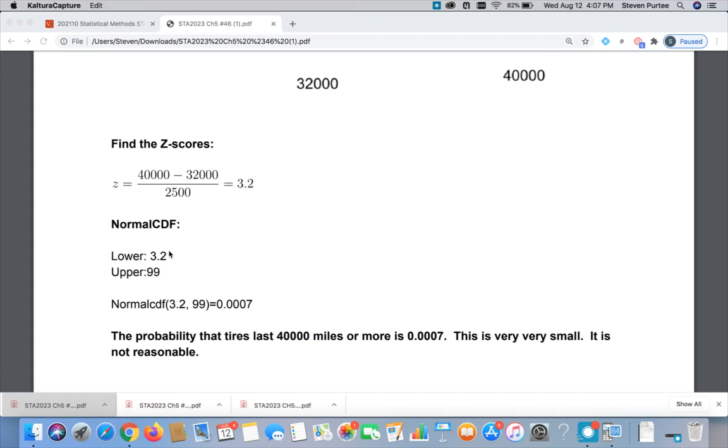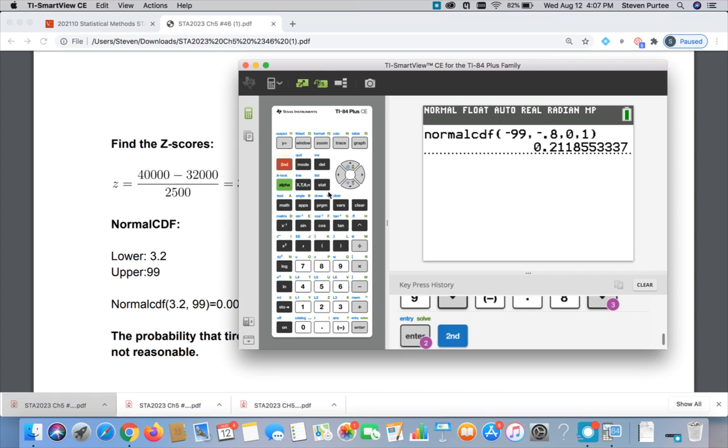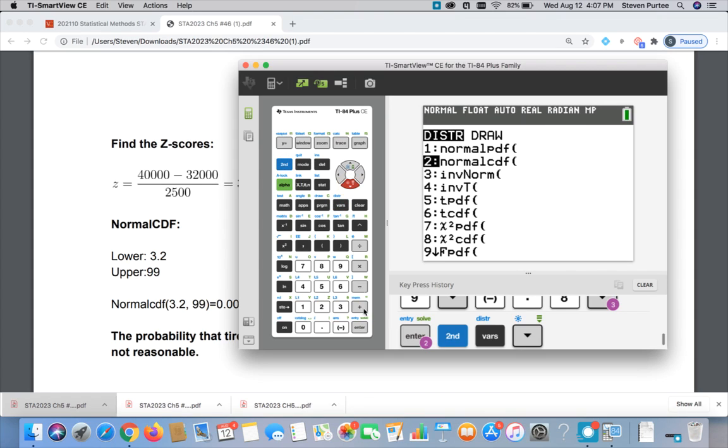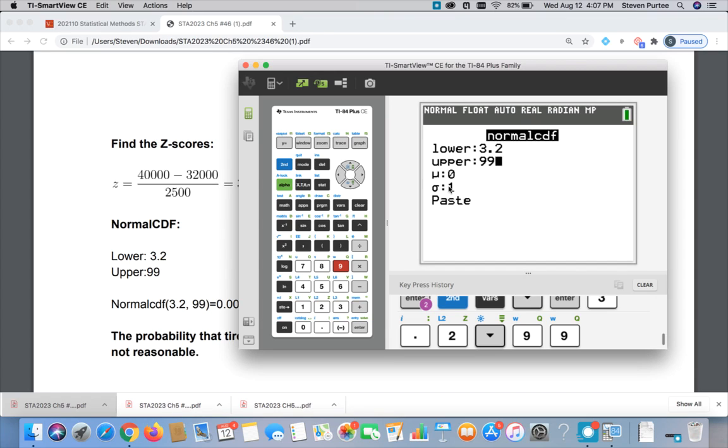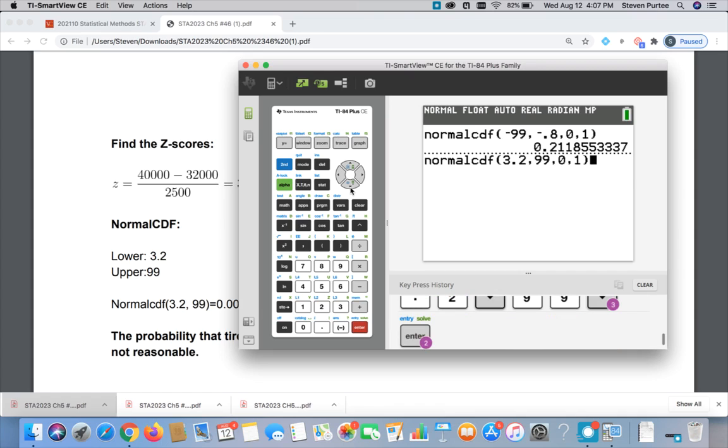So normal CDF, 3.2 to 99. So we type that in the calculator. 3.2, comma 99. Remember, always leave these alone. Don't change that. Leave that 0 and 1 or you're going to have a bad time.